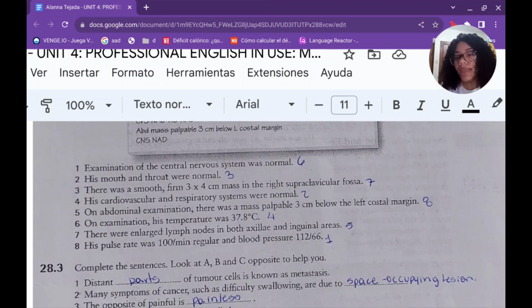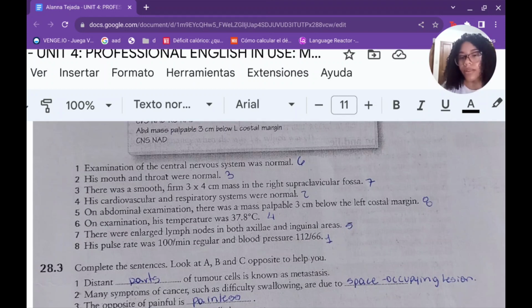CNS NAD. 1. Examination of the central nervous system was normal, number 6. His mouth and throat were normal, number 3. They were smooth, firm, 3.4 centimeters mass in the right supraclavicular fossa. 7. His cardiovascular and respiratory systems were normal. 2.